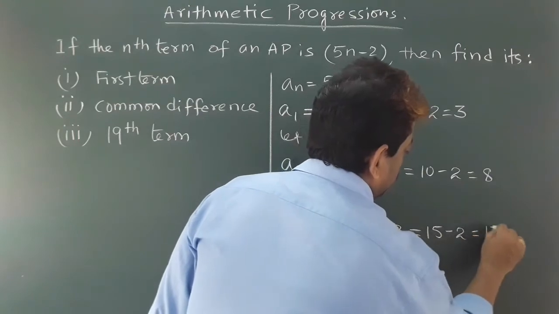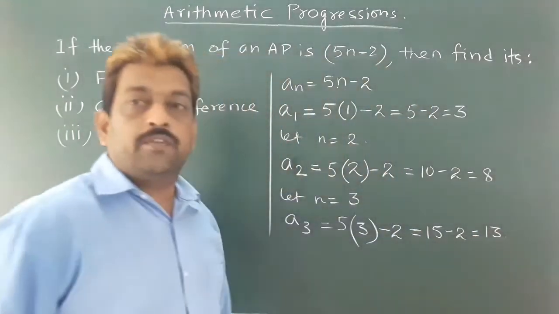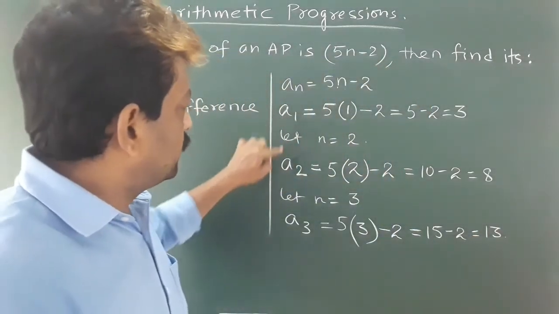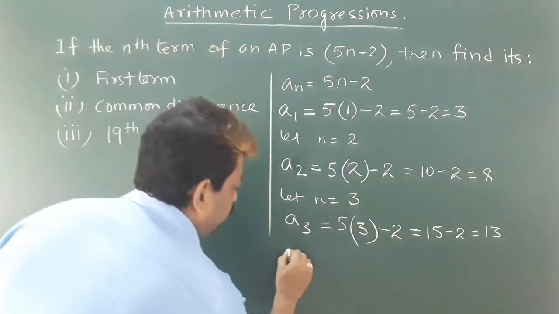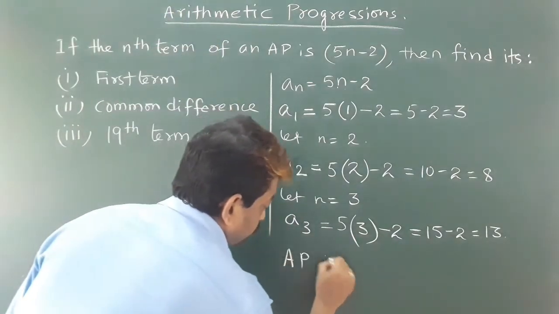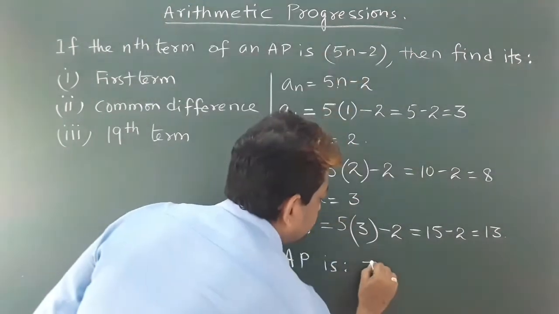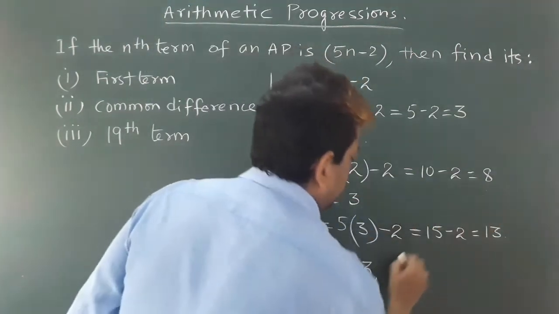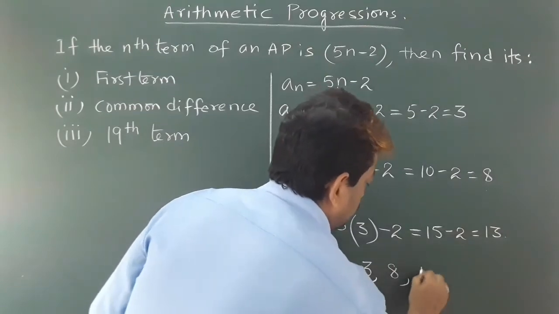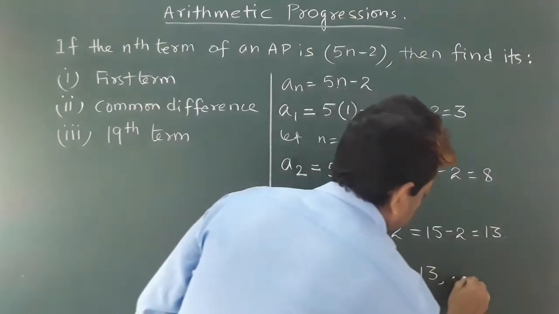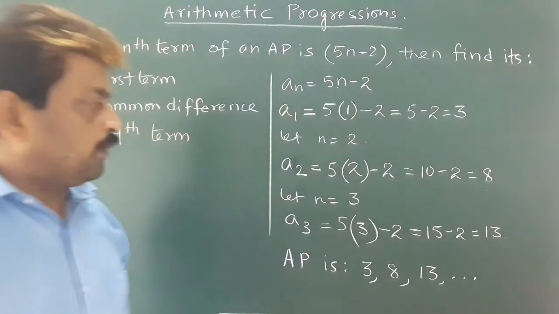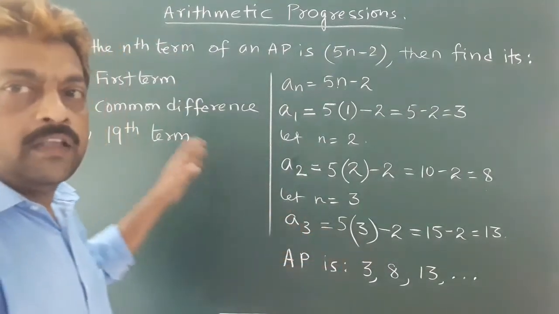That is 13. So we have got the first three terms, a1, a2, a3, and the AP is the first term is 3, the second term is 8, and the third term is 13, and so on. Okay. Now from here we are going to answer the questions.